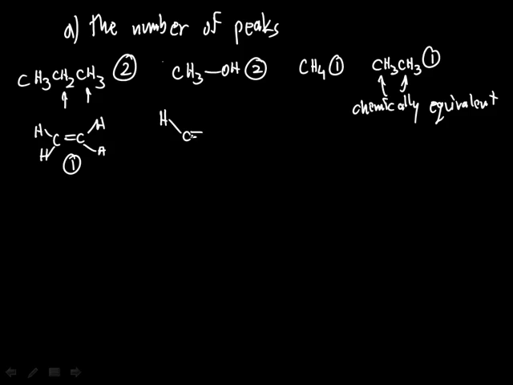But if we replace one of the hydrogens with, say, fluorine, then we desymmetrize the system completely and we get 3 peaks because these two are not interchangeable. One will always be cis to fluorine, one will always be trans, which means that the chemical environments are different.